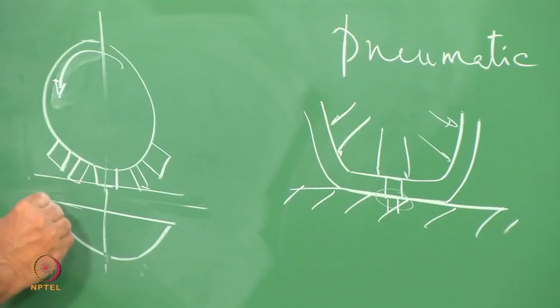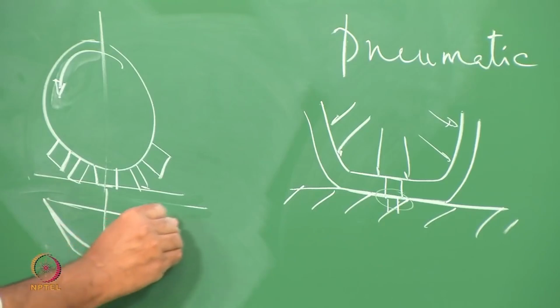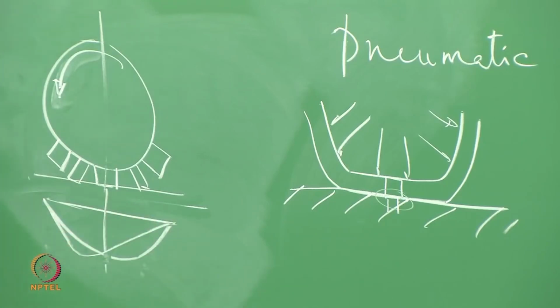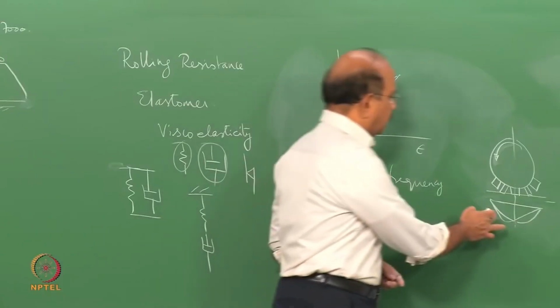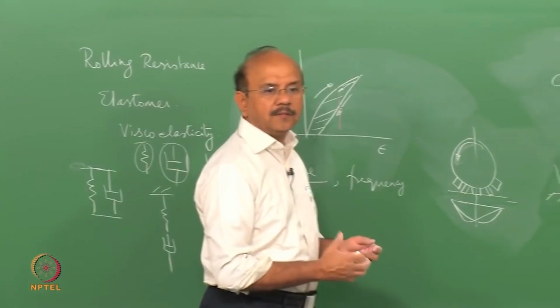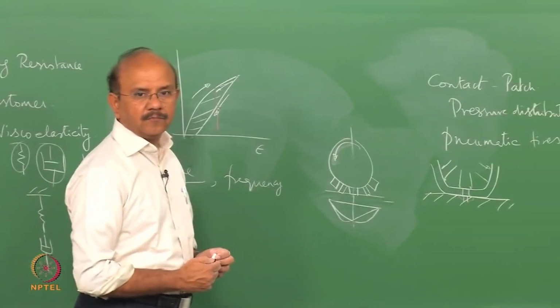So, the curve actually shifts and becomes something like this. Because the loading curves are different from the unloading curve, the symmetry is lost, it becomes something like this.